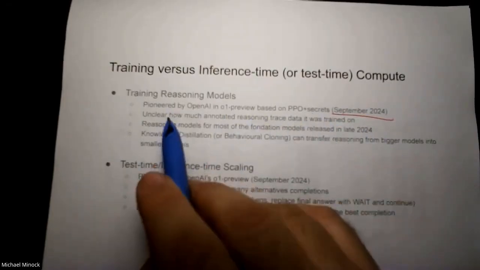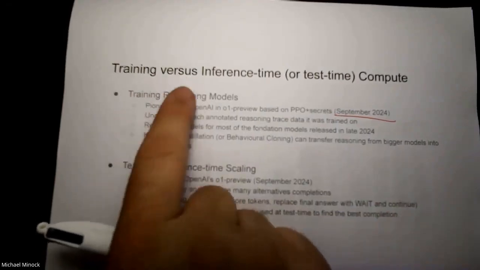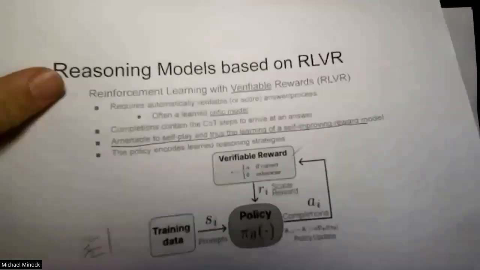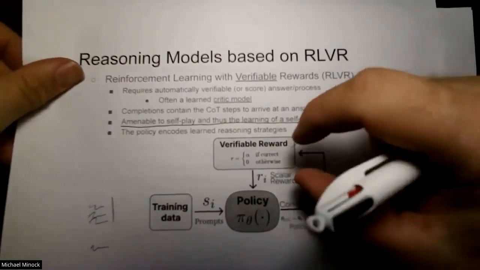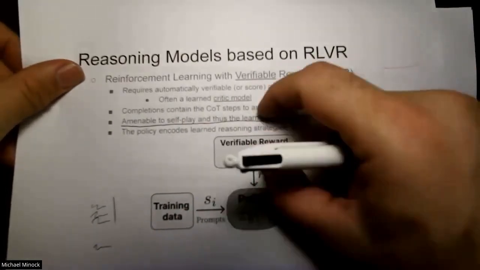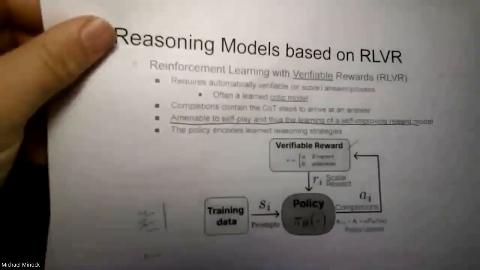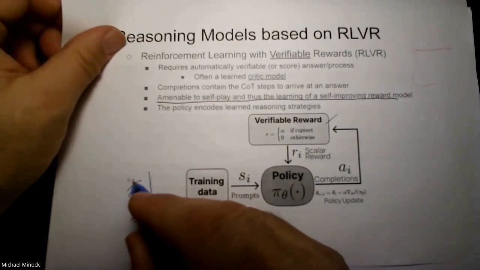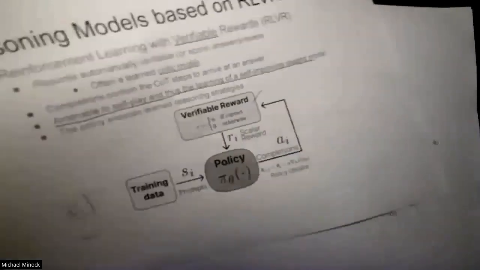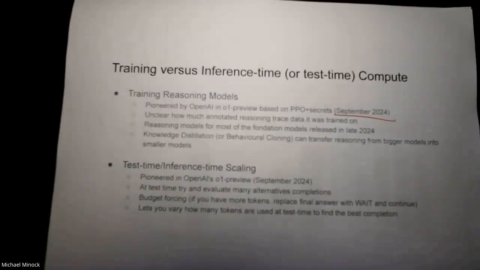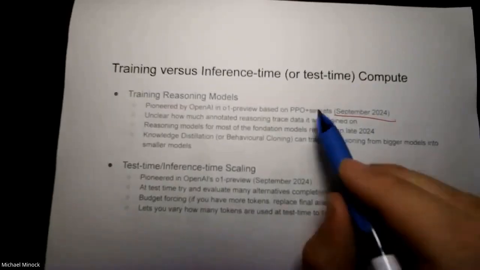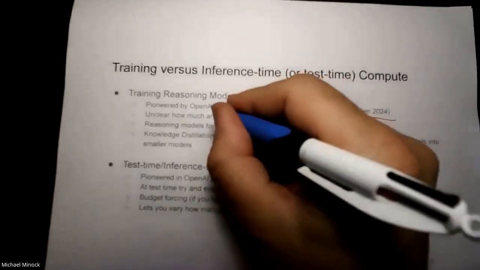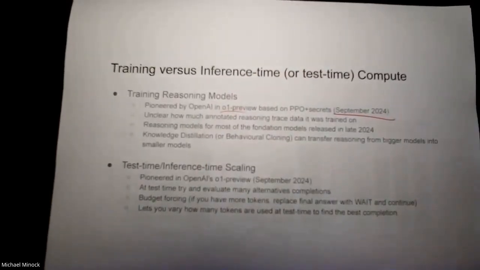It was using this kind of strategy, this reward learning in tandem, a reward model plus a policy going back and forth on training sets from reasoning corpora, these math, logic, and coding problem corpora. This o1-preview, which released less than a year ago, was the first one to come out doing all this.